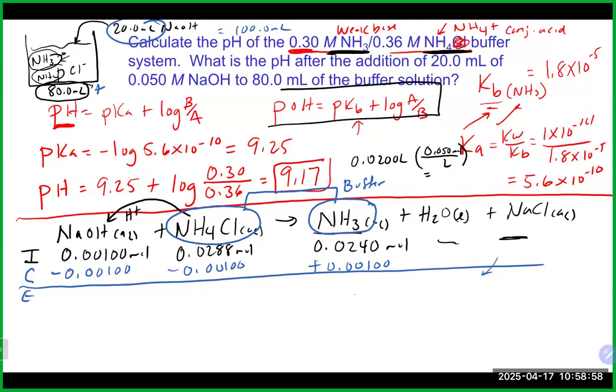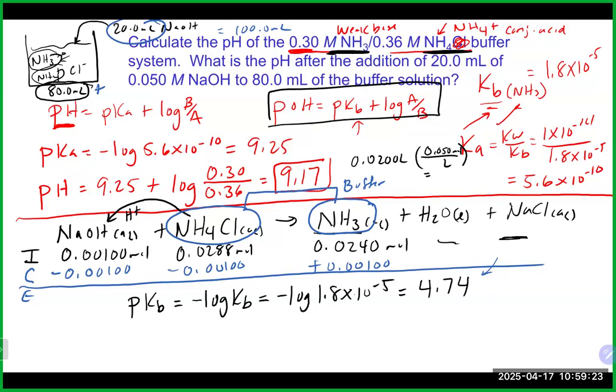We'll just do the initial one. What you would do is get your pKb value, which would be minus the log of your Kb, minus the log of 1.8 times 10 to the minus 5. That gets you a pKb of 4.74.